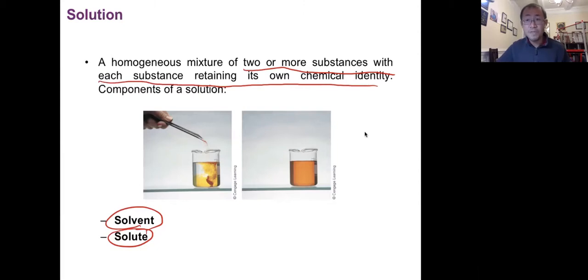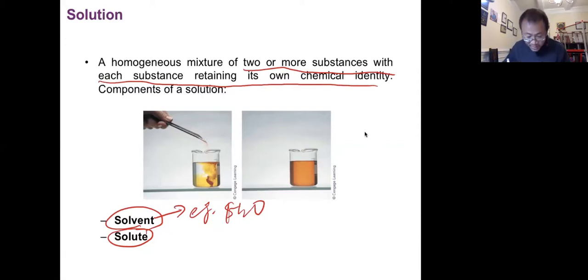But one thing to keep in mind: if water is one of the components, we assume water is always the solvent. Even though water may sometimes not be the major component, if water is a component of a solution, we assume water is the solvent.